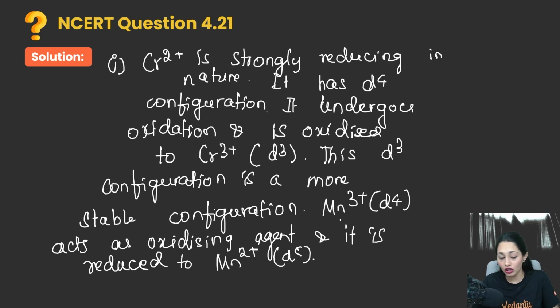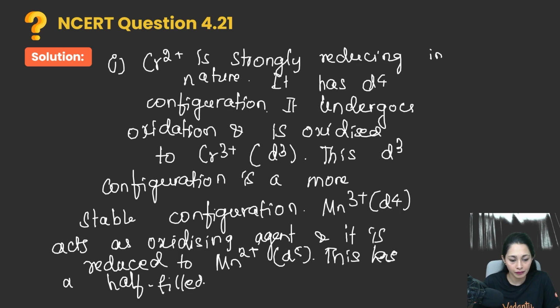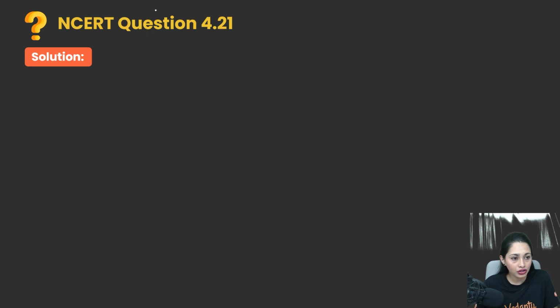This d5 configuration has a half-filled d orbital, so it is highly stable. Okay. Moving on to the second question.